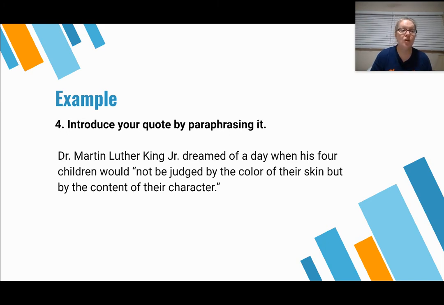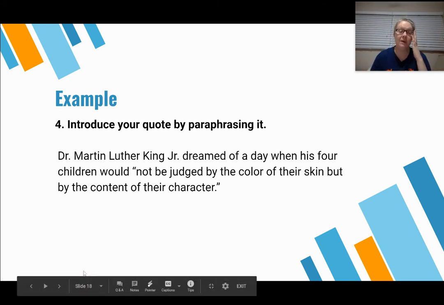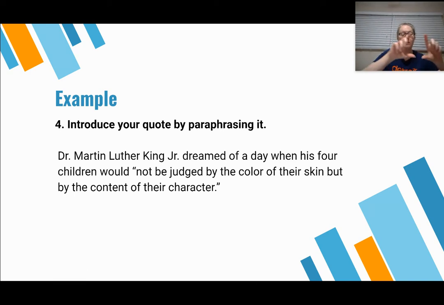But sometimes in your own critical analysis, you will notice I don't need to paraphrase the beginning. I just need to set it up with maybe the main character's name, and then boom, I can write. Or, if you're writing about a movie, you need to paraphrase the action that takes place right before the quote. So you'll paraphrase that action and then include the quote.